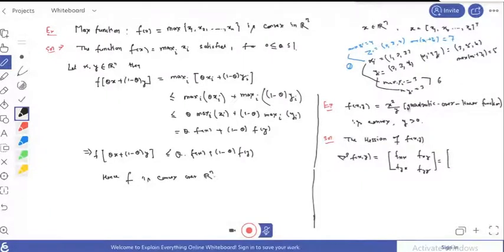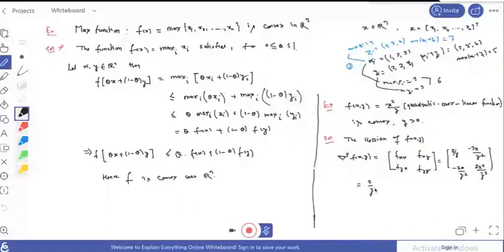If we differentiate twice, this becomes 2 by y, then 2x over y, and then minus 2x over y squared. Similarly, with respect to y, it becomes minus 2x squared over y cubed, and differentiating again, minus minus becomes plus, giving 2x squared by y cubed.